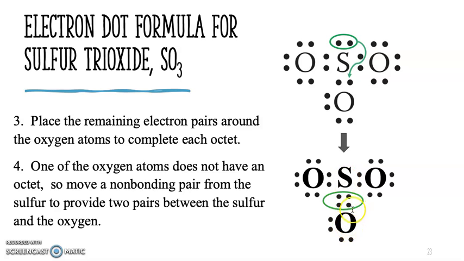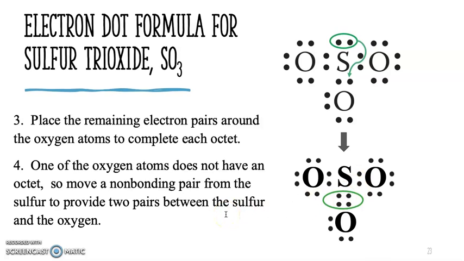That means this oxygen has the 4 shared electrons, and the sulfur also has the 4 electrons. Because of that, if you count the electron pairs around this oxygen, you will see a total of 4 pairs, or 8 electrons. For sulfur, 1, 2, 3, 4, that is also 8 electrons.